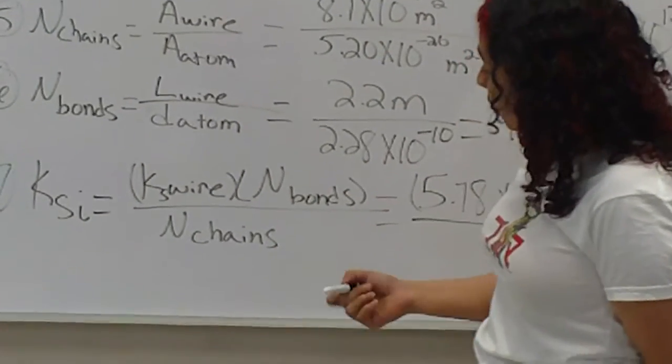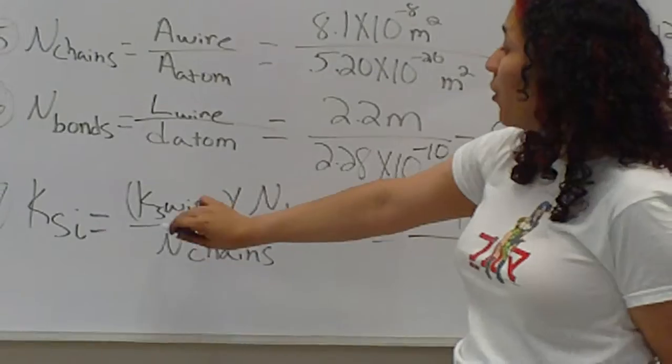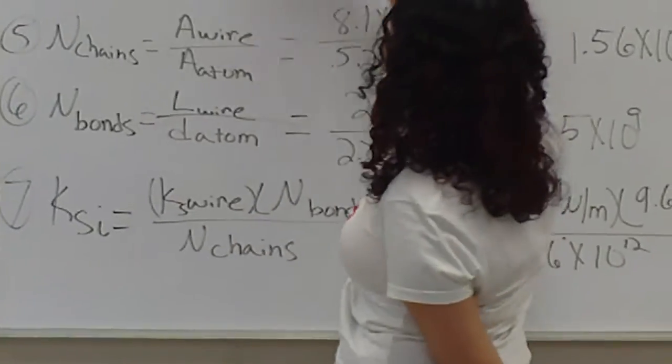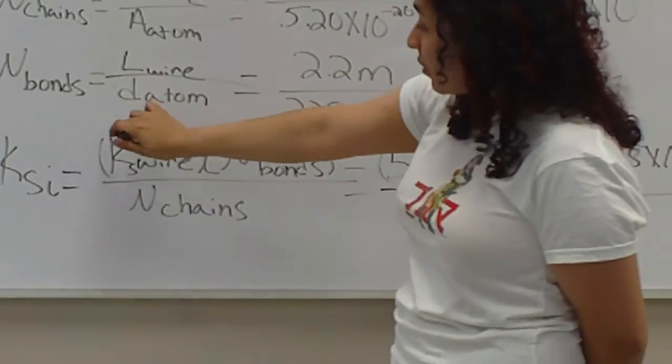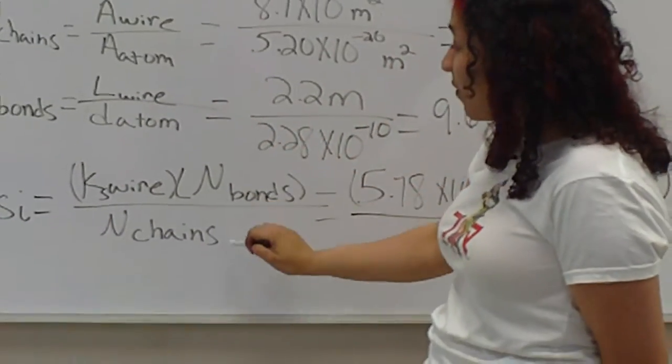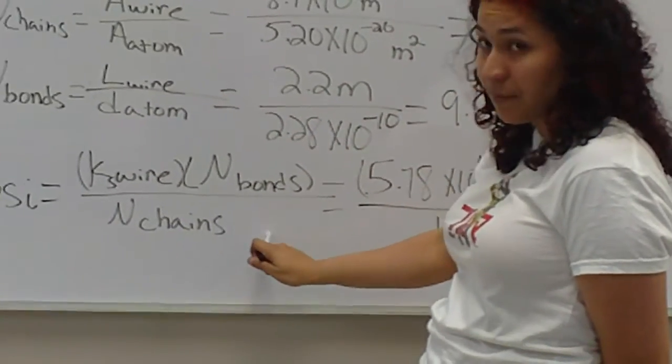Now you can find your spring constant for the interatomic. To do that, you take the spring constant of the entire wire, multiply it by the number of bonds in the wire, divided by the number of chains.